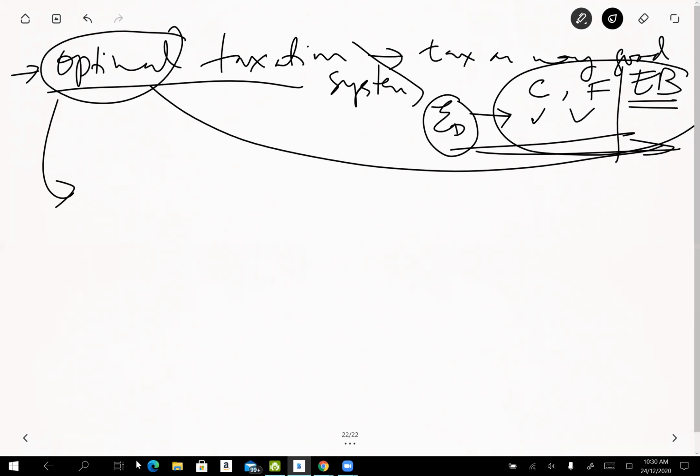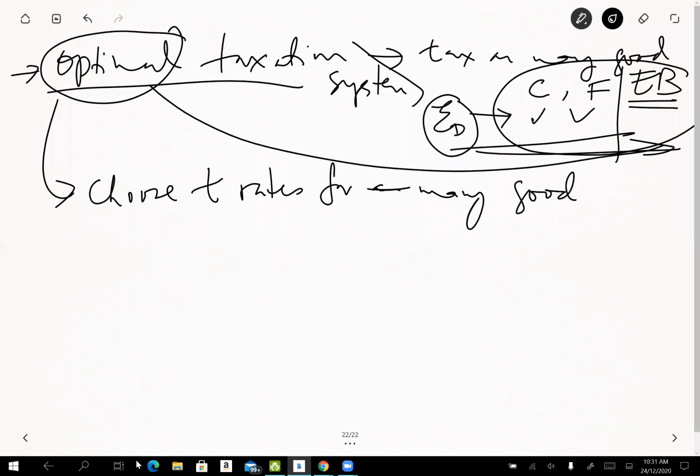Optimal taxation means the government will have to choose different tax rates for many goods to raise a certain amount of revenue, G bar.